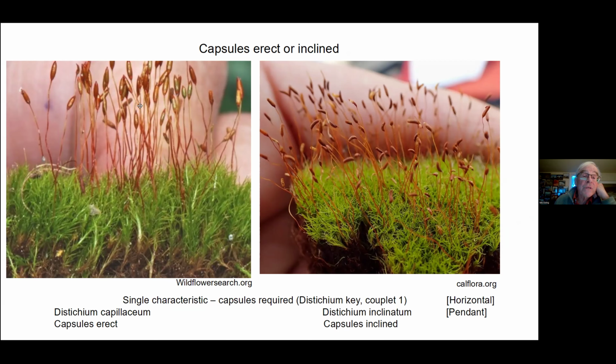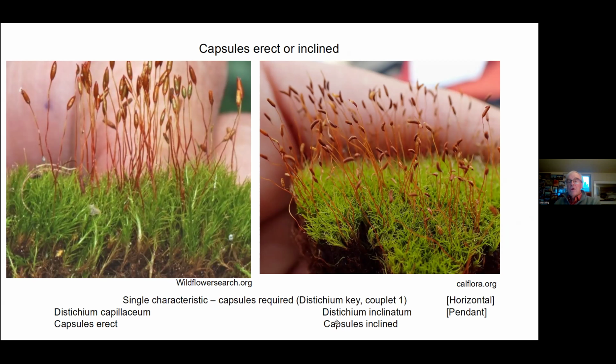And yeah, you can see that that one isn't. So I'll just forget about that one. But the majority of them are erect, except for that one, I guess. And in Distichium inclinatum, you can see that the capsules are inclined.